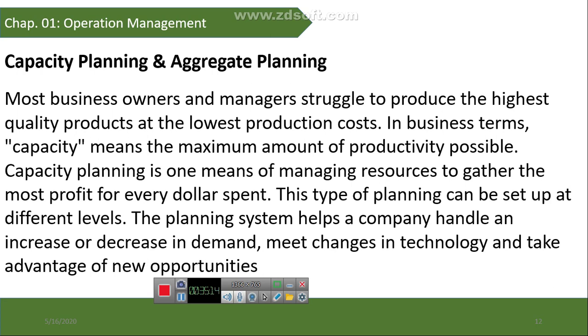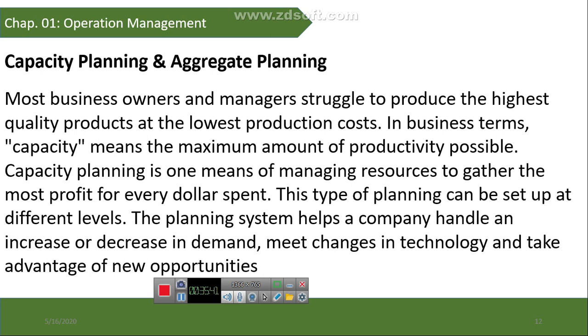Capacity planning is one means of managing resources to gain the most profit for every dollar spent. This type of planning can be set up at different levels. The planning system helps a company handle an increase or decrease in demand, meet changes in technology, and take advantage of a new opportunity.